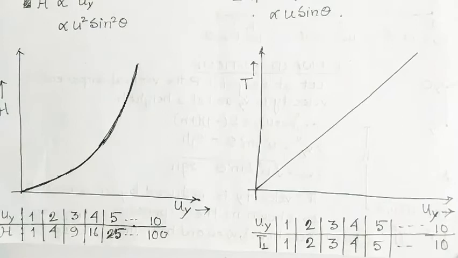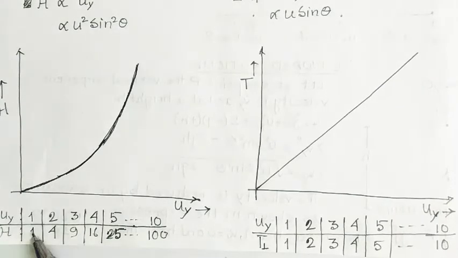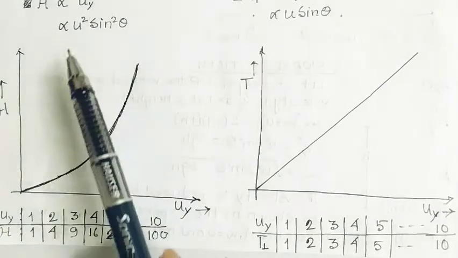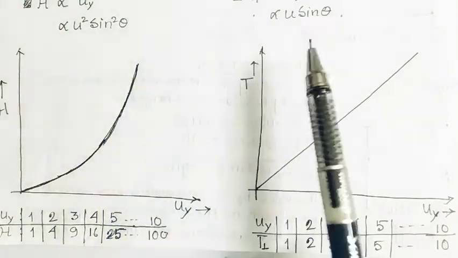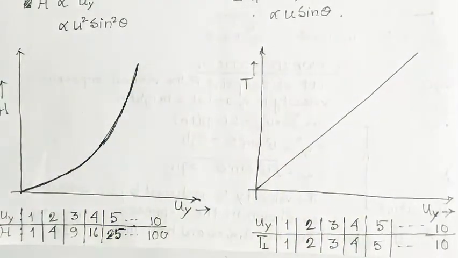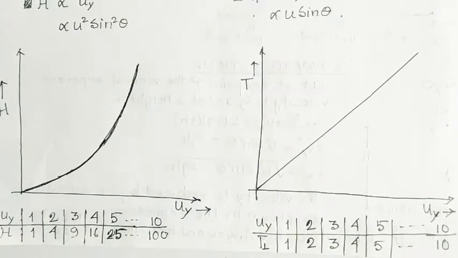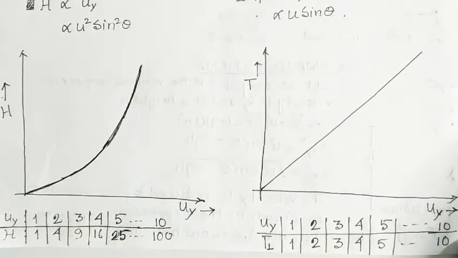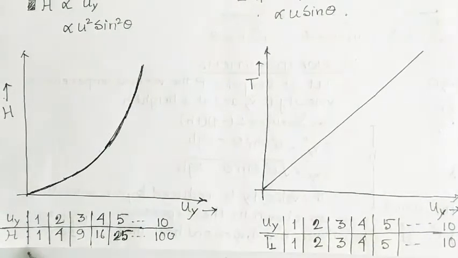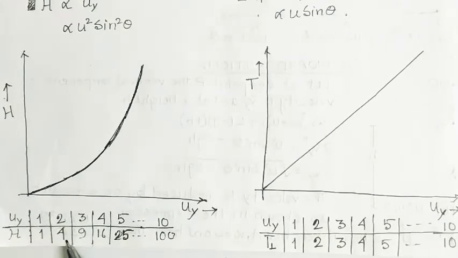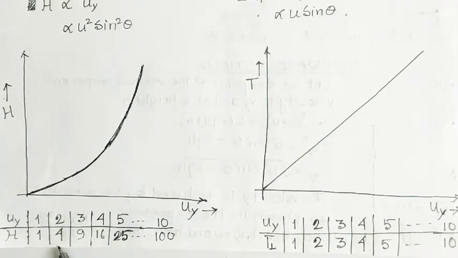Let's look at this table at first. h proportional to u square sin square theta and t proportional to u sin theta. When uy equal to 1, h will be 1 square, which is 1. When uy becomes 2 times, then it becomes 2 square, 4 times.